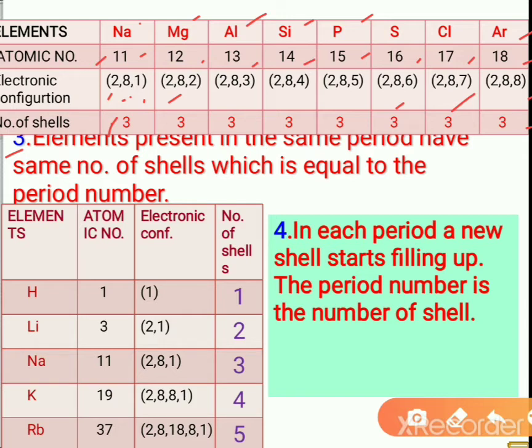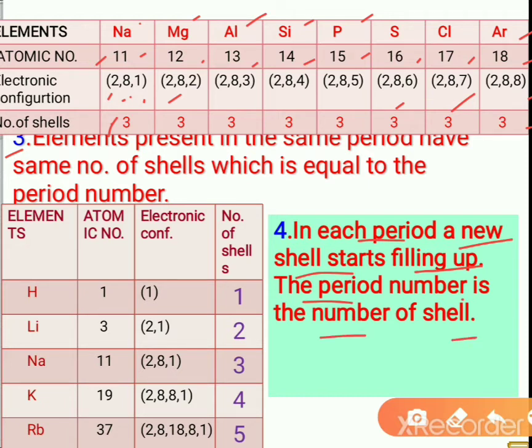Okay, now the next property: in each period a new shell starts filling up. The period number is the number of shells.